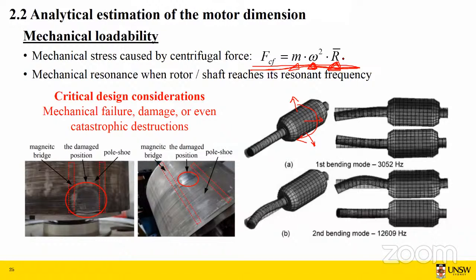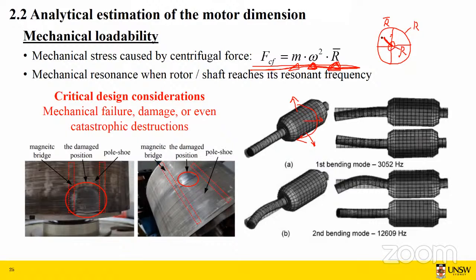Sometimes it is more accurate to use the centroid radius. Not just the outer radius of the rotor, but the centroid radius, which is probably between the outer radius and the inner radius of the cylinder. If we divide this cylinder into a quarter, the centroid radius is from the mass center to the center of the cylinder.